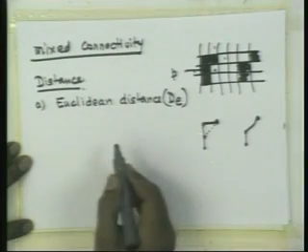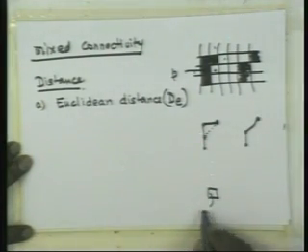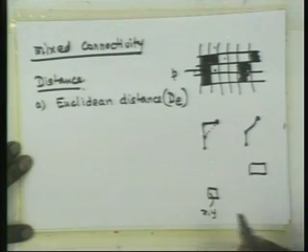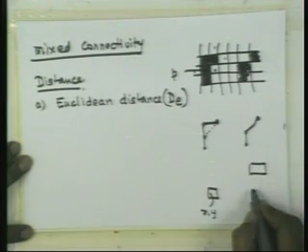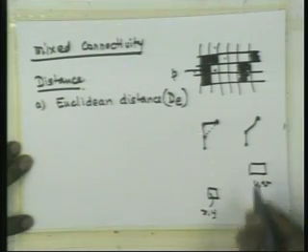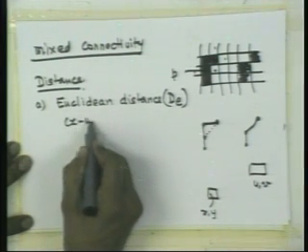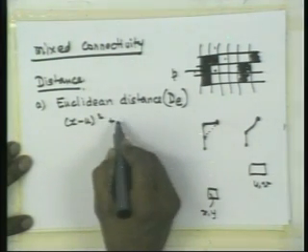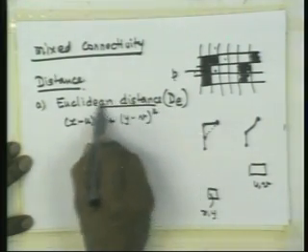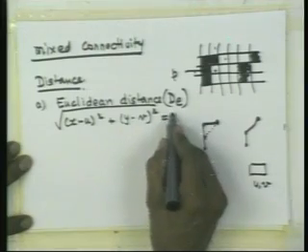Supposing I take 2 pixels of interest, this is x y coordinates, this is another pixel somewhere, say this is u and v coordinates. So the distance between these 2 pixels is nothing but x minus u squared plus y minus v squared, square root of that.